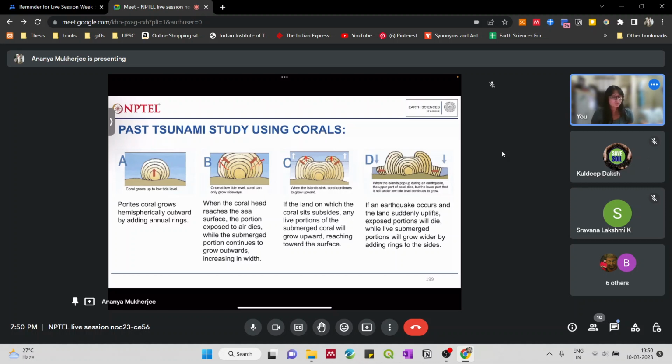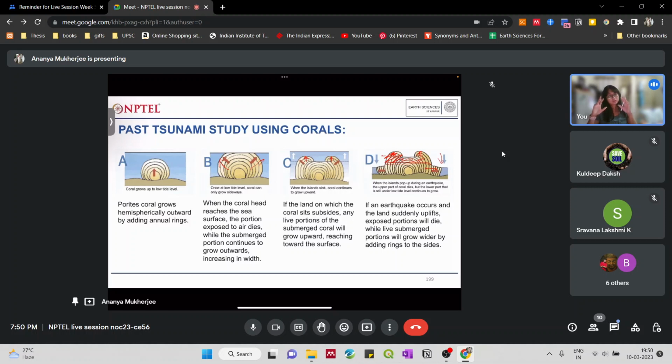So it was growing upwards like this over here, but now the sea level has fallen. So now the top part is not going to show any growth, and the coral is going to grow sideways.